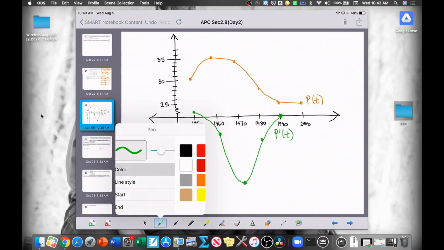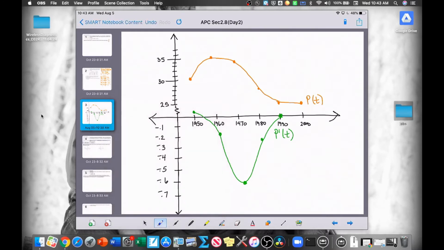Well, where does my original function have a slope of 0? Looks like it's happening about right here, and right here is where I'm crossing the x-axis. So that lines up and that makes sense. Right here, I have a slope of 0. Right here, my derivative is crossing the x-axis.